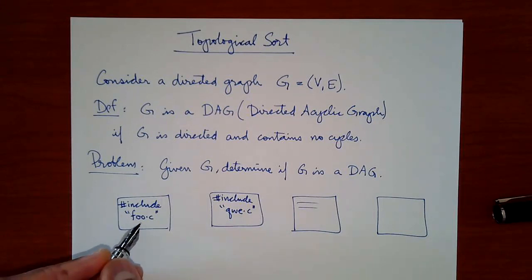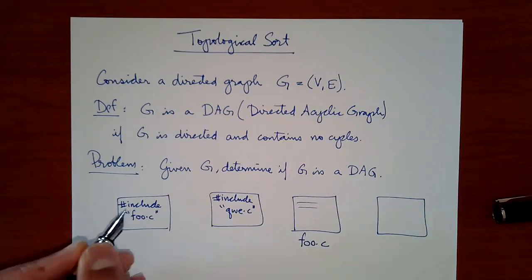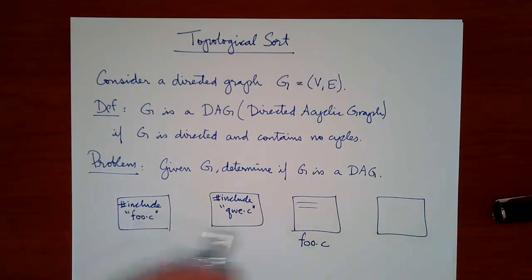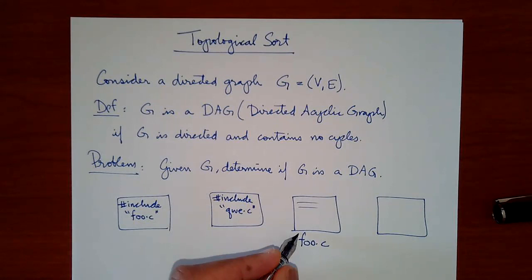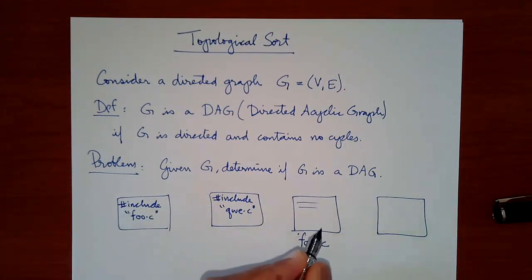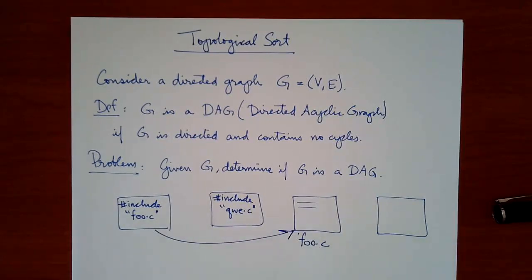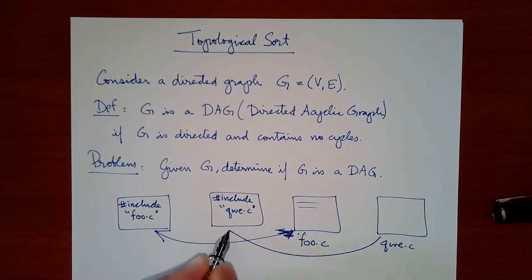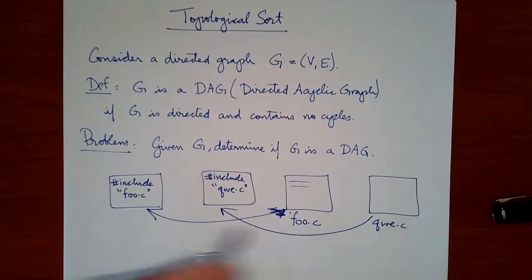What this means is foo.c has to be compiled before this, so you can put an arrow. Typically, a dependency graph would say this file depends on foo.c, so there's an arrow here. Or sometimes we flip the arrow. So foo.c has to be compiled before this, and qwe.c has to be compiled before this.